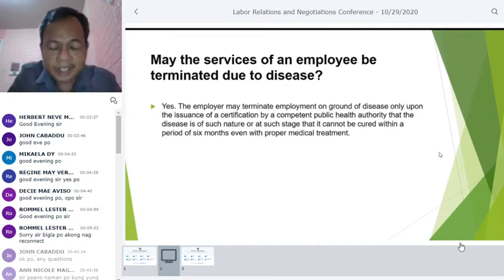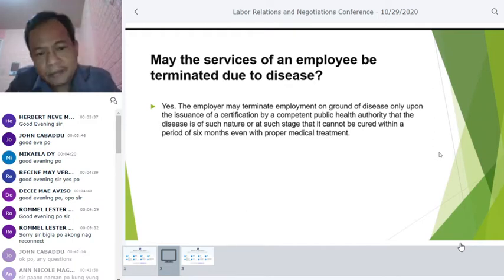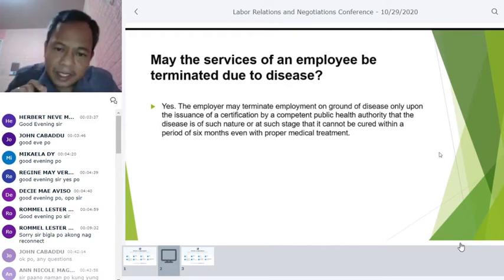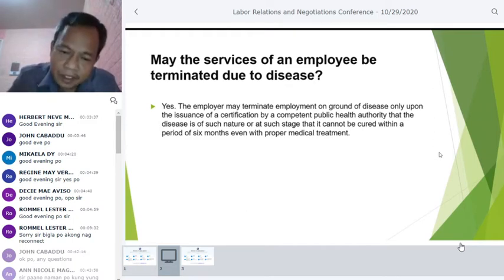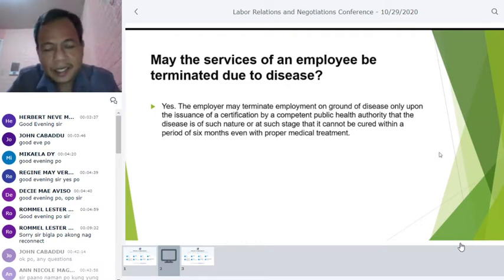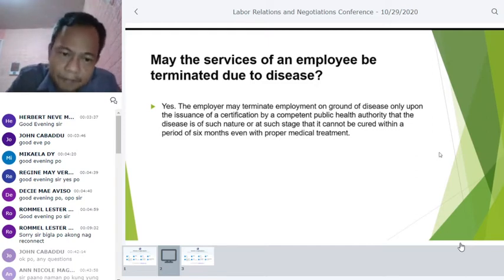Meaning, they should provide ng measures din naman na kahit na this employee has this incurable disease, na wag silang tanggalin sana because treatment is very expensive. Huwag sana silang tanggalin. Ang dapat gawin ng employer is to find way para hindi matransmit yung sakit na meron.